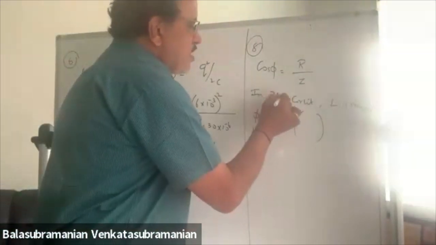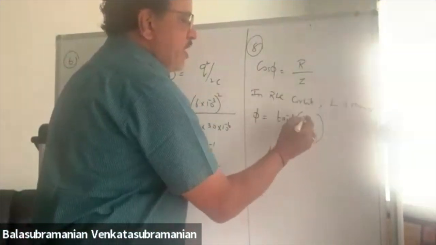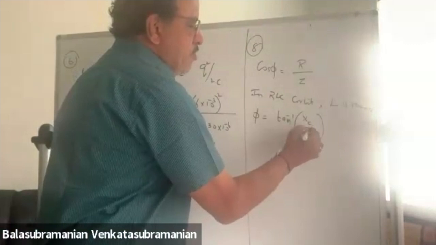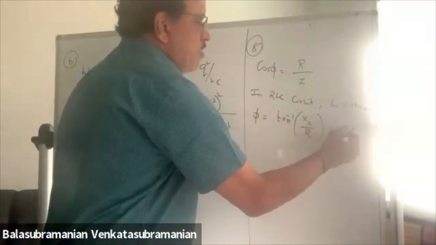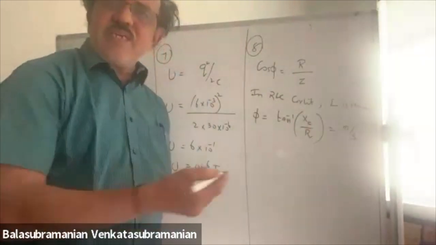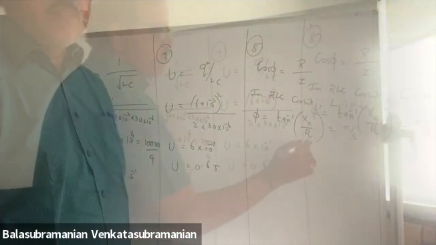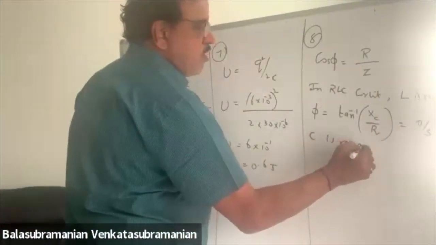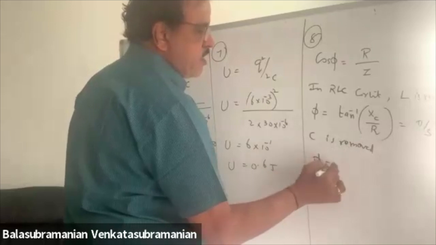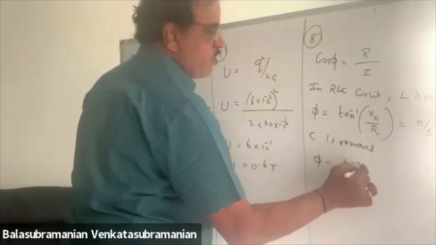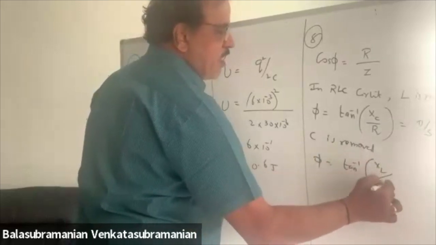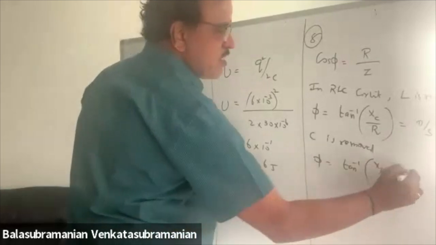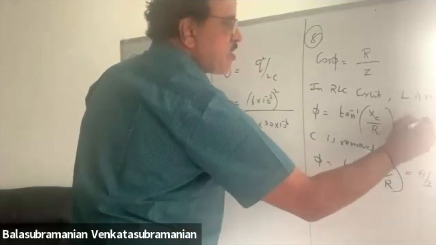RLC circuit, L removed. So remaining XC by R. What is the value? Pi by 3. It is given in the problem. When C is removed, phi is equal to tan inverse of XL by R. That is also pi by 3 in the question.